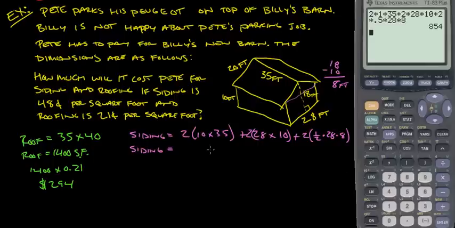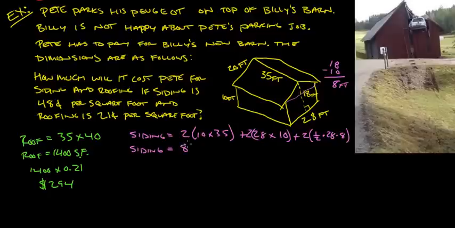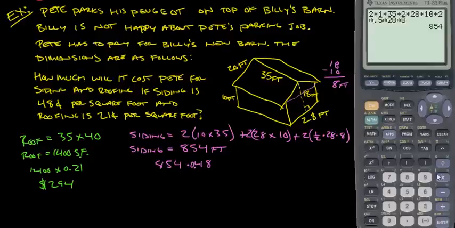All right, which gives us a total square footage of 854 feet for the siding, right? Now, again, we got to take that 854 feet, we got to multiply it by 48 cents per square foot, right? So multiply by 0.48, and all the siding is going to be $409.92.